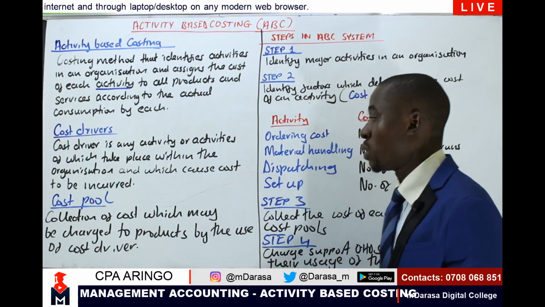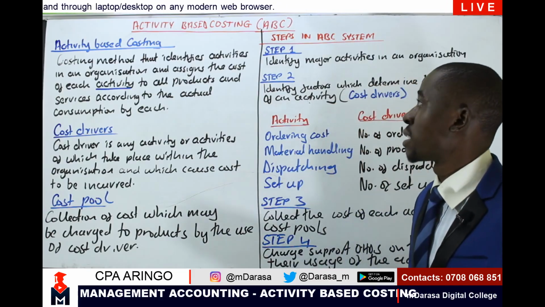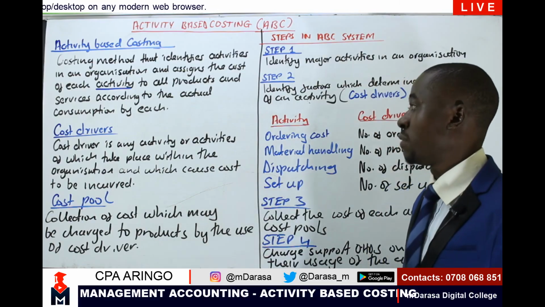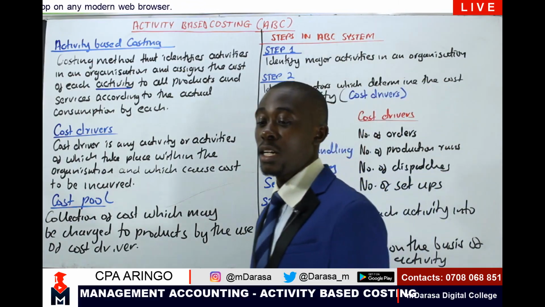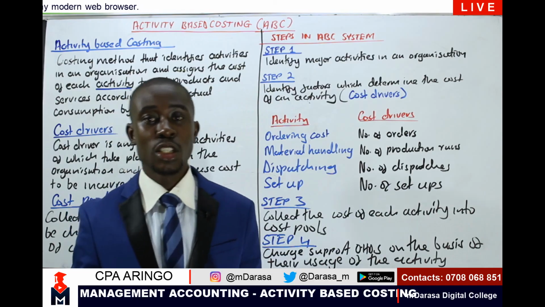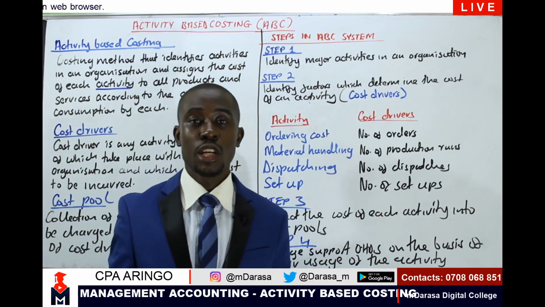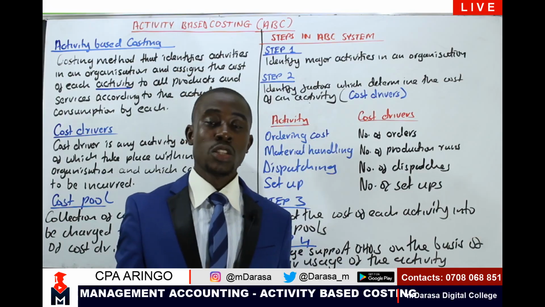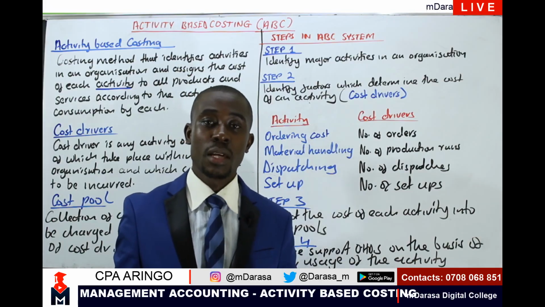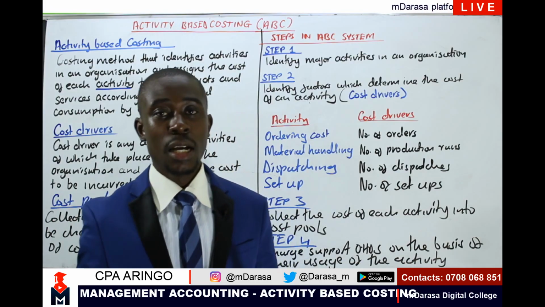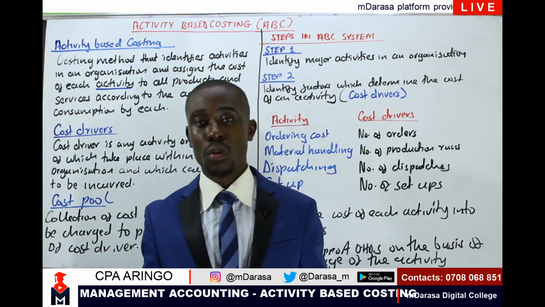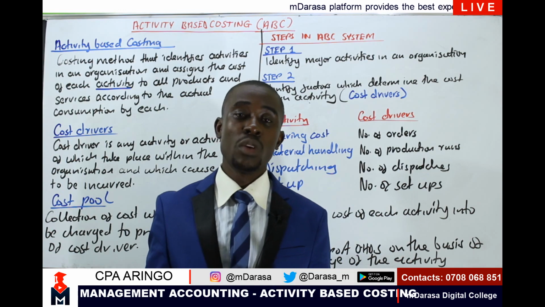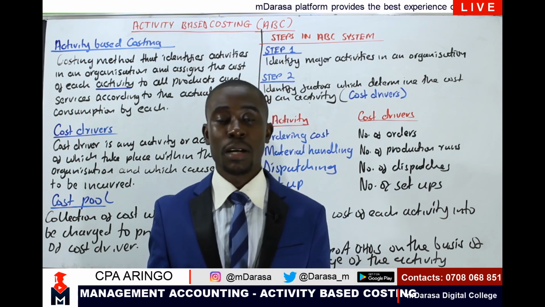So my good students, up to that point it is as if we've gone through almost the whole concept of activity-based costing, understanding each and every step and each and every concept. So long as you have in mind that it's just a method of allocating our overheads. At the end of the day, our main concern will be to determine the cost per unit.